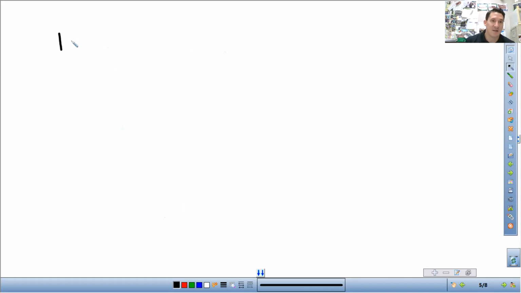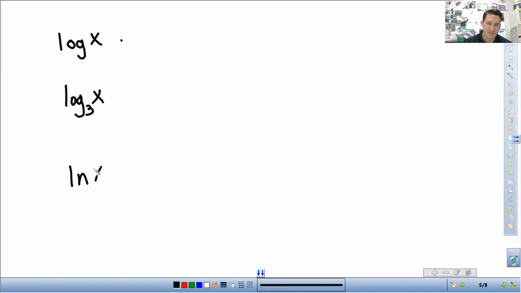So if it's log of x, all right, we would say this is log base 10. If it is log 3 of x, this would be log base 3 of x. There's one more log, it's called the natural log. The natural log is log base e. We'll talk about the number e later in class.